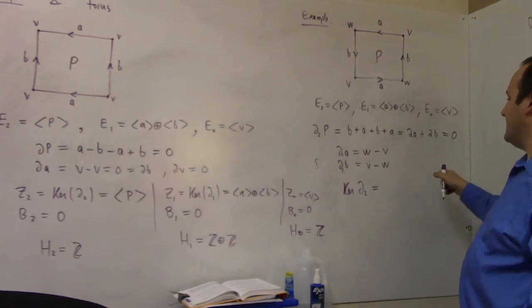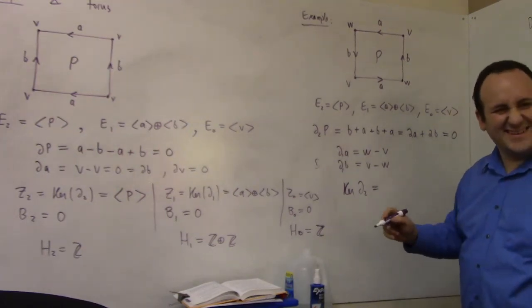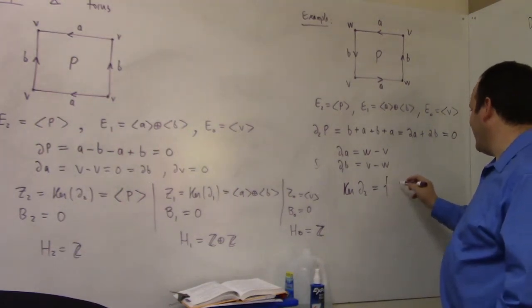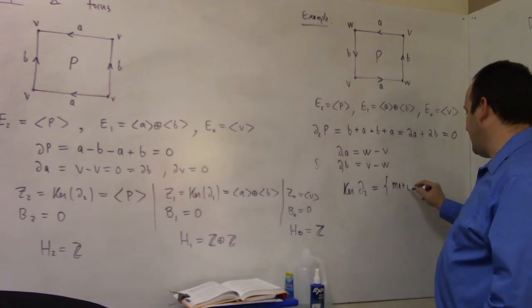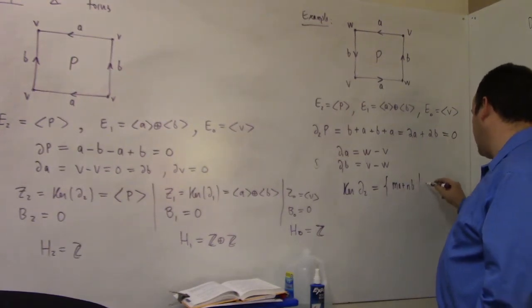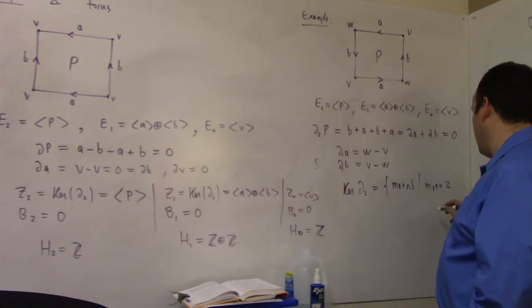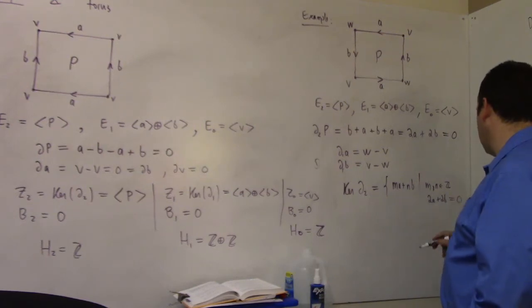Yeah. I don't understand this. I think we should be looking at something like MA plus NB, such that M and N are integers, right? And also 2A plus 2B is equal to 0.